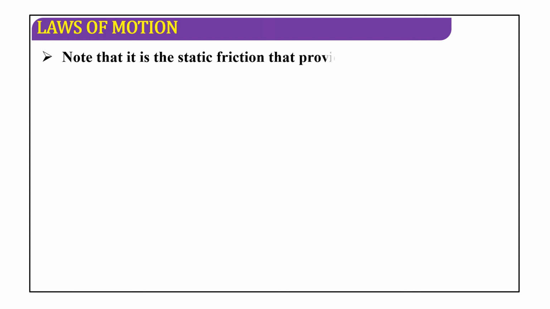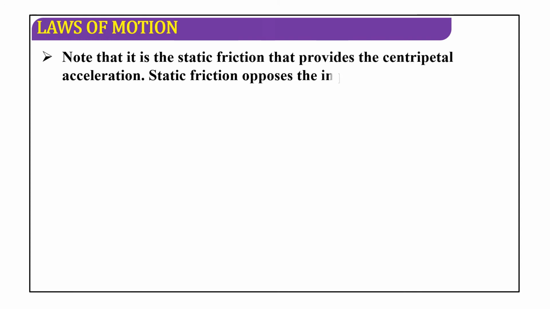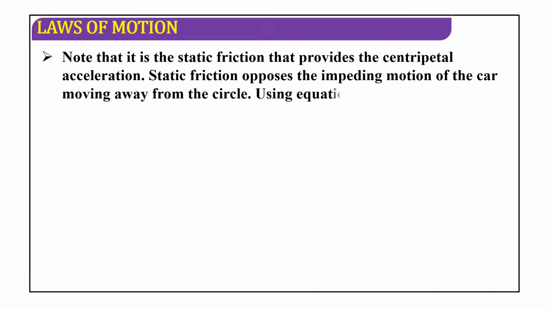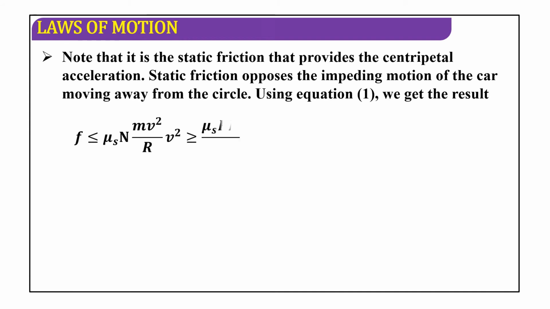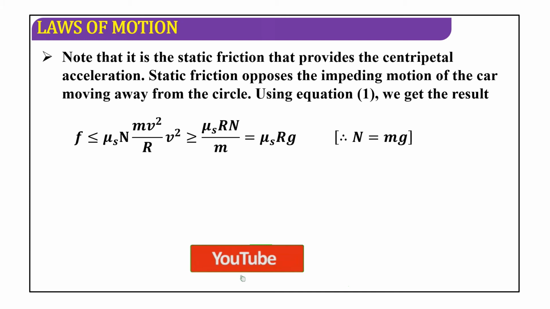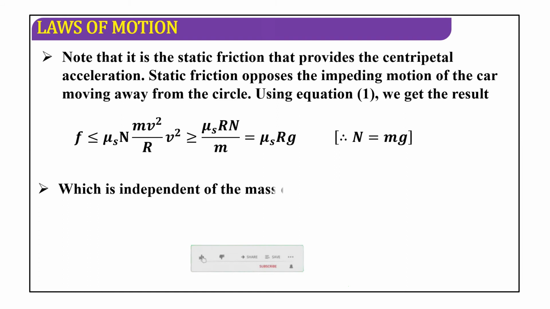Now note that it is the static friction that provides the centripetal acceleration. Static friction opposes the impending motion of the car moving away from the circle. So, using equation 1, we get F is less than or equal to mu s N, so mv square by r is less than or equal to mu s N. V square is less than or equal to mu s r N by m, which equals mu s r g. Here N equals mg, which is independent of the mass of the car.